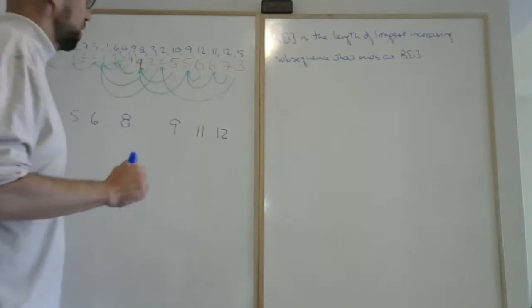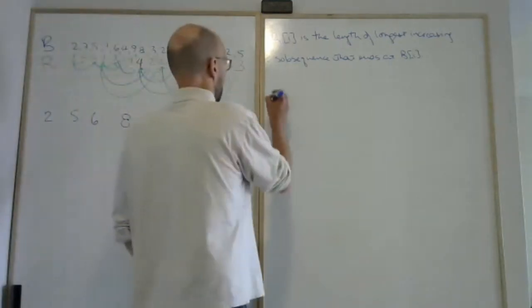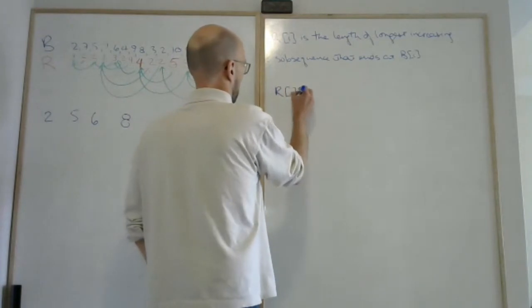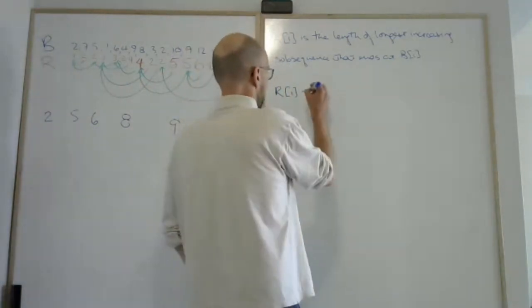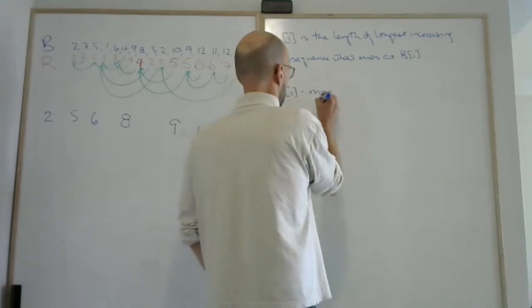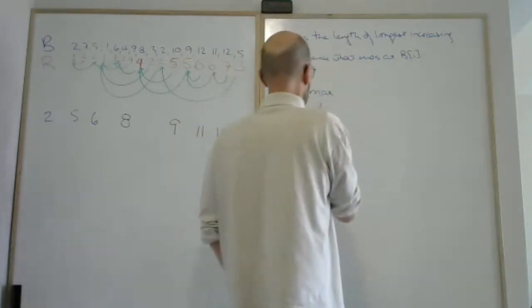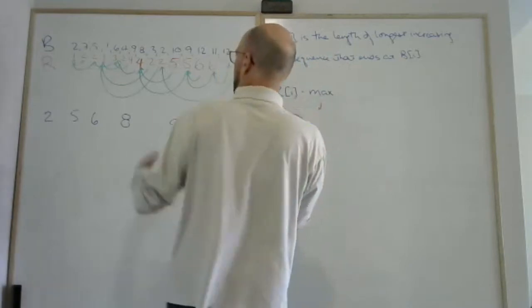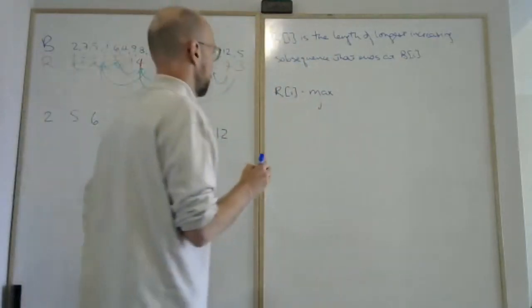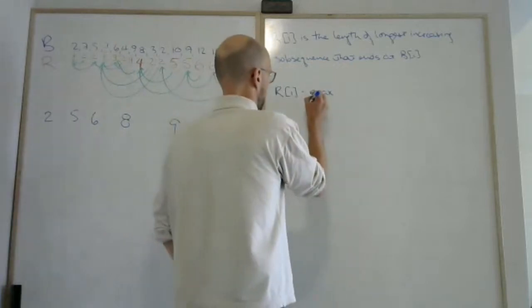So how are we going to do that? Ri is the max over j, where j, are we counting from 0 or from 1? Let's count from 0 so that this is easier to write in C later.